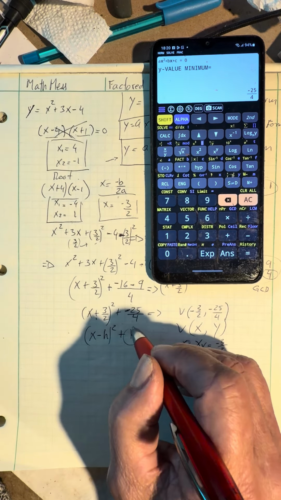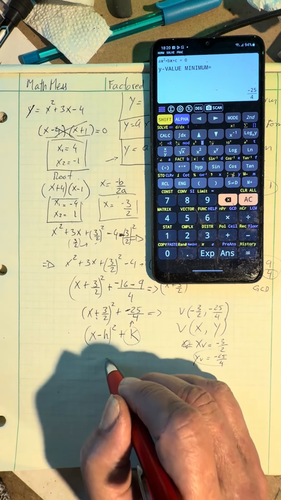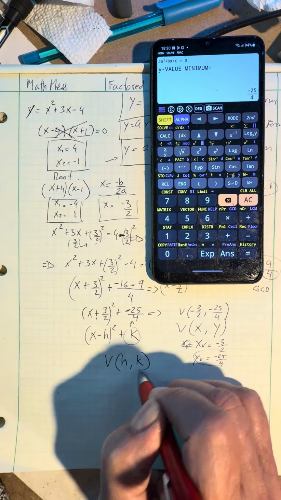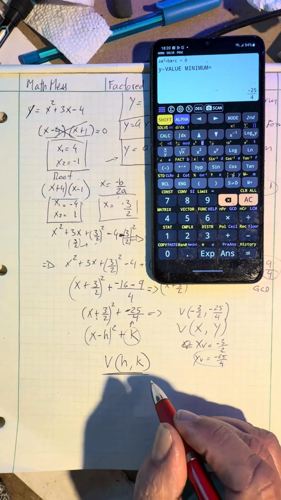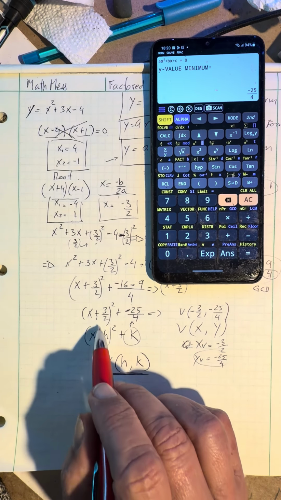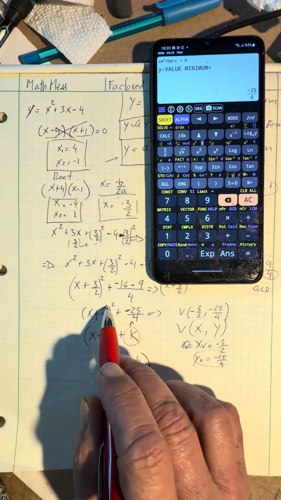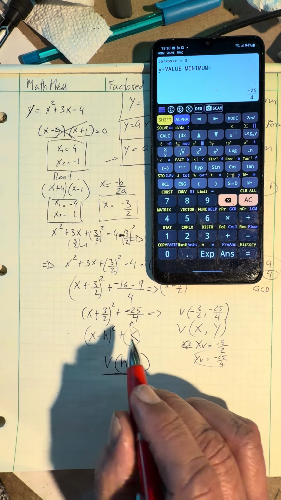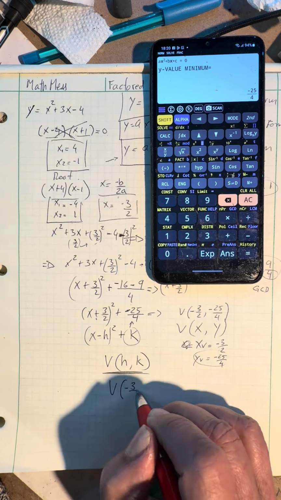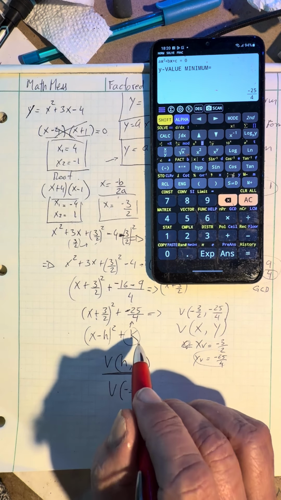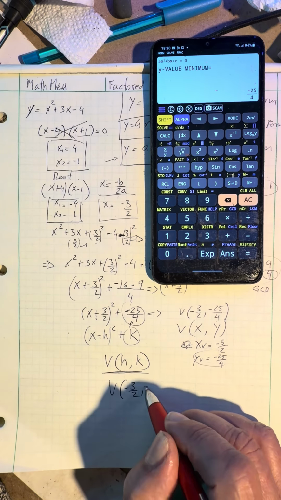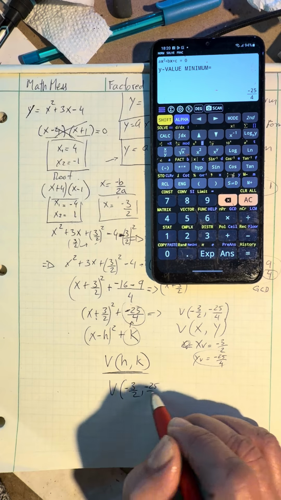Where the vertex is made out of h and k. So you can see that for this to be positive, 3 seconds has to be negative. So the vertex is negative 3 seconds, comma, and here k is negative, so that's minus 25 fourths.